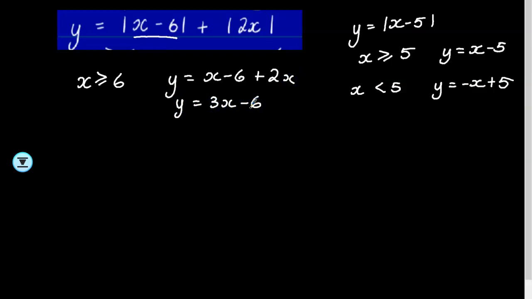We're tempted to go, okay, then the other one would be x is less than 6, and we have y would be minus x plus 6 minus 2x. So again, all you're doing is when it's a minus, you're taking that into account. So that would be minus 3x plus 6.